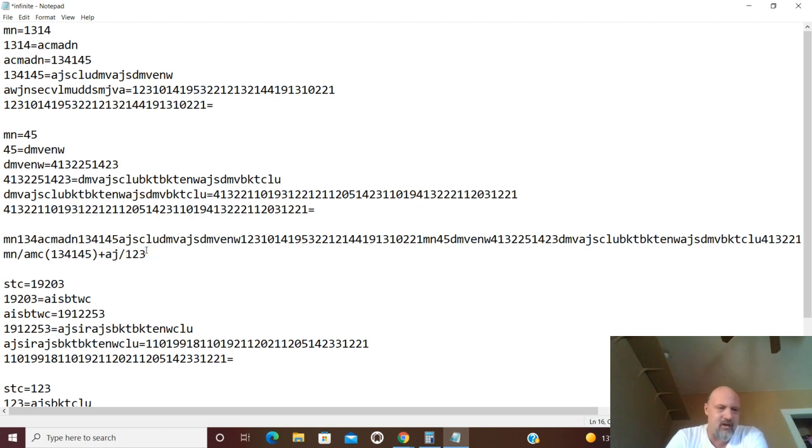And then you could say 123 to the 12th power, if I could put the powers here. And this equation could keep right on going. Minus S times DMV, say squared, or the square root of DMV.